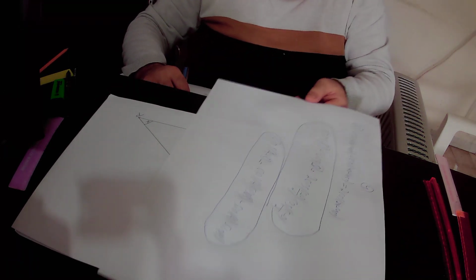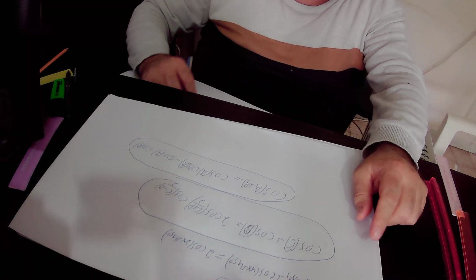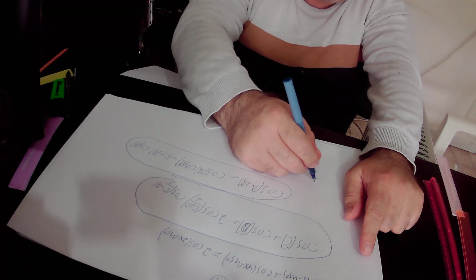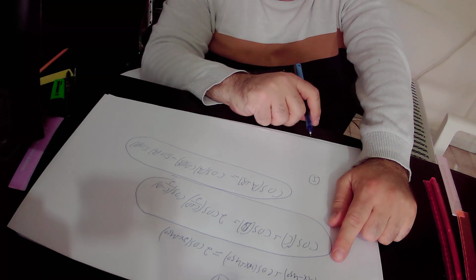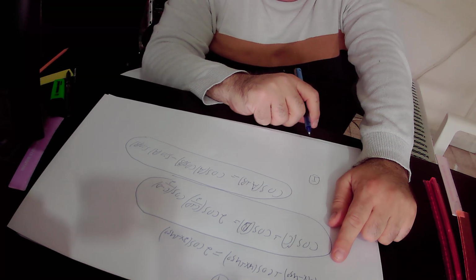So we will start with cosine 4x minus 45 degrees plus cosine 4x plus 45 degrees.